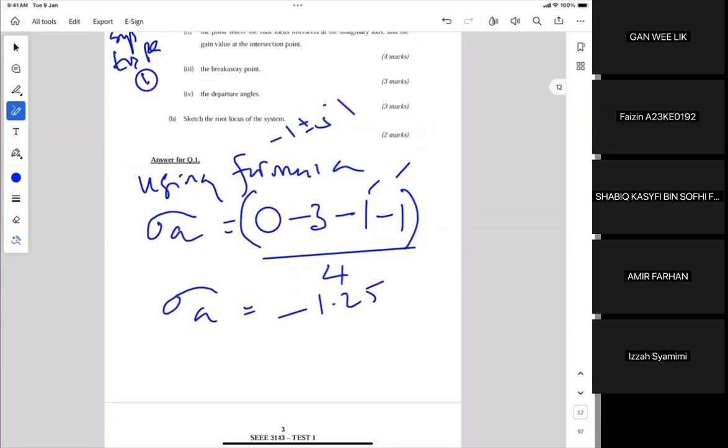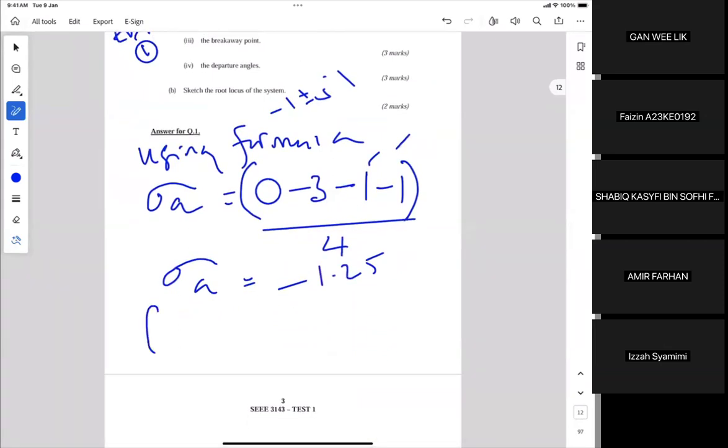Okay, and then the angle of asymptotes is 2k plus 1 pi, divided by the number of asymptotes, okay, which is 4.